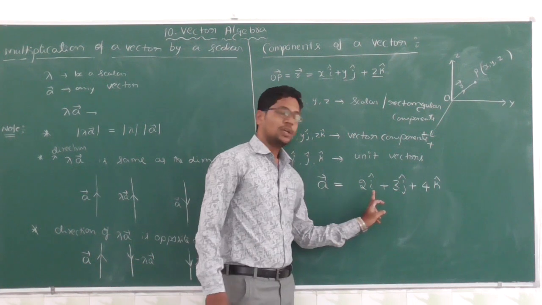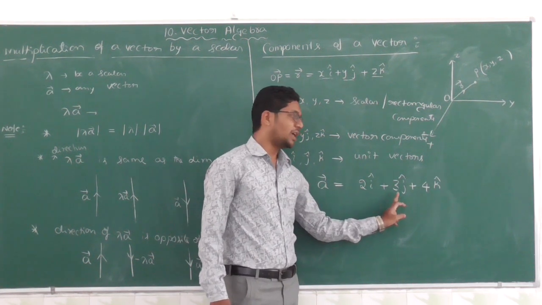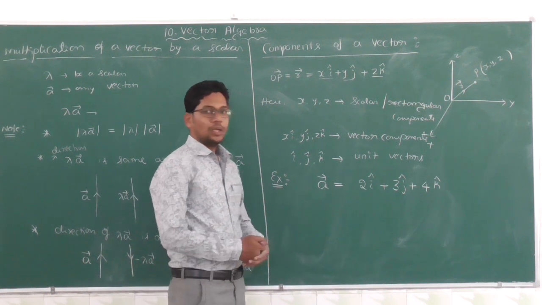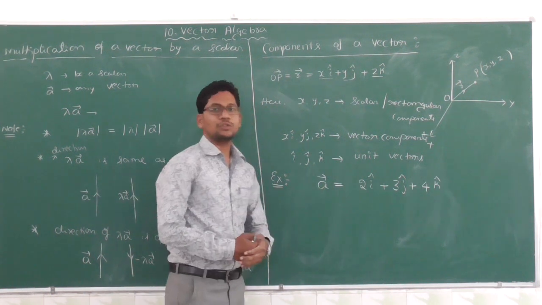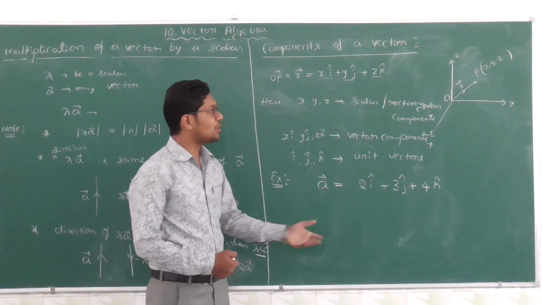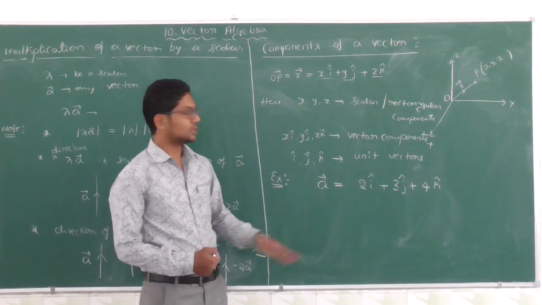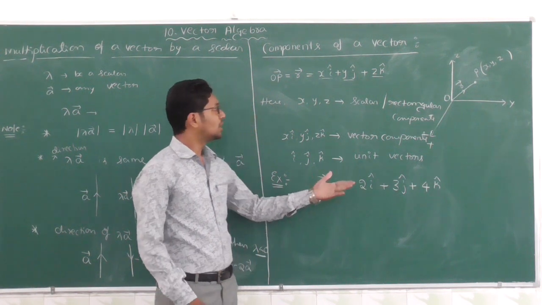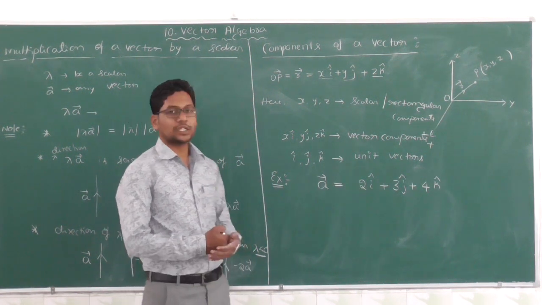We should read 2i cap plus 3j cap plus 4k cap. Okay. Here we have to identify the scalar components and vector components in this vector.